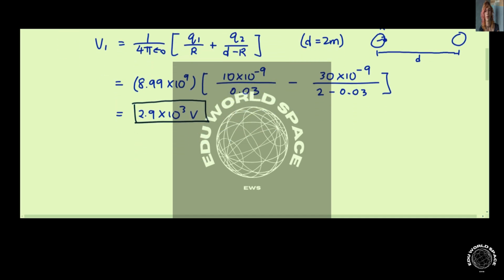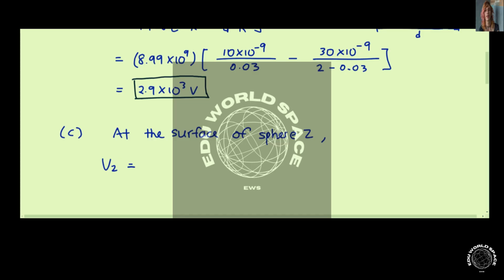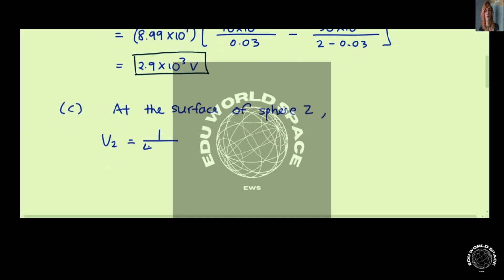Next in part C. Part C is a similar approach as part B. So at the surface of sphere 2, V2 is equal to 1 over 4 pi epsilon naught times Q1 over D minus R plus Q2 divided by R. So we put in the numbers.